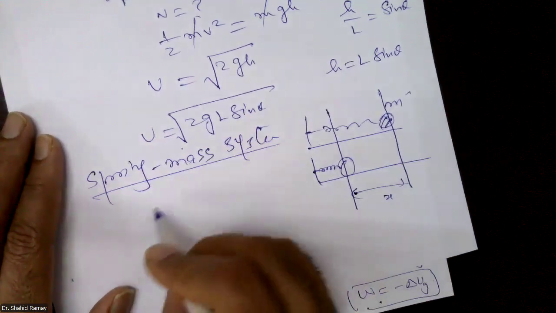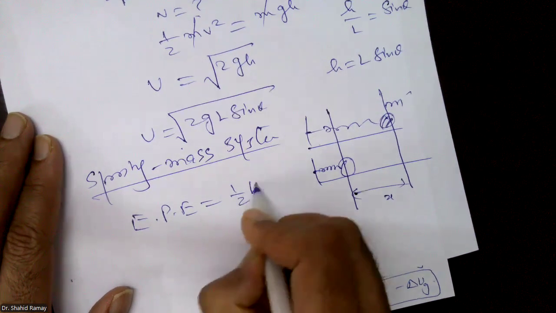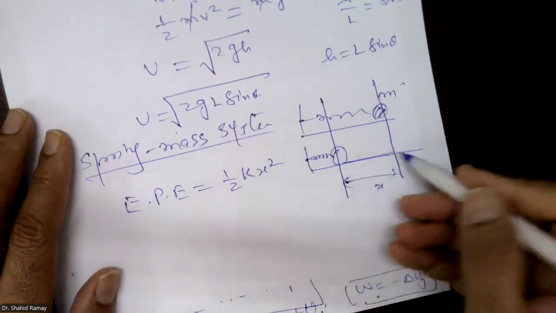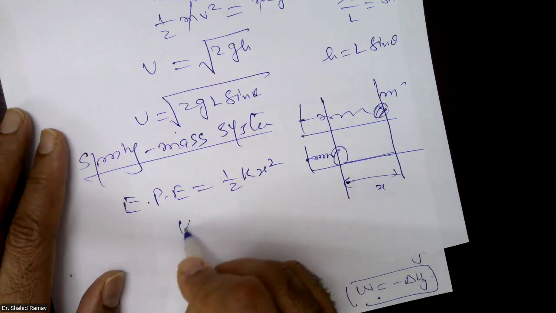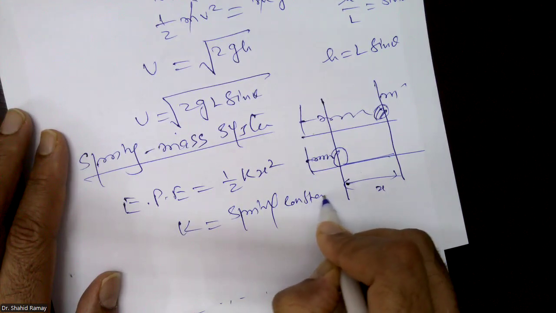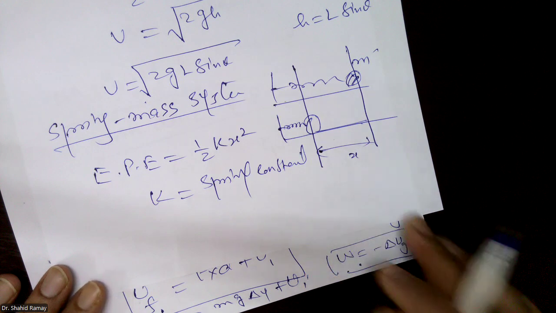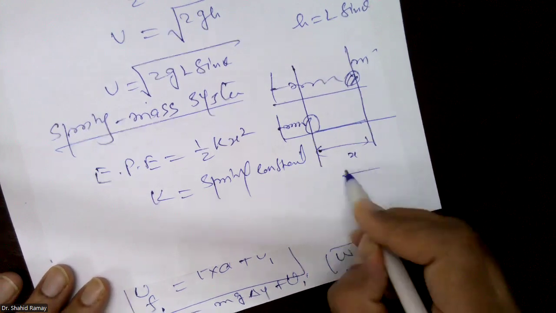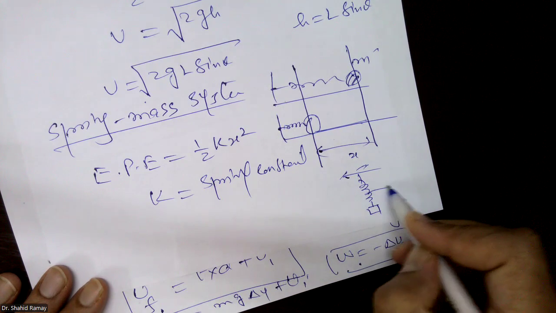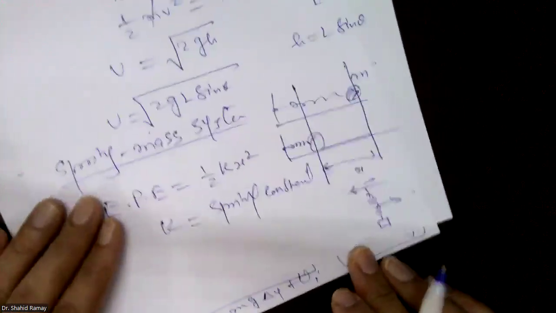So we can write the formula for elastic potential energy is equal to 1 over 2 kx square. x is this distance or this length, and k is the spring constant, and already you have found the spring constant in the Hooke's law lab, where you put the spring like this and put different masses and measure the change in the length.